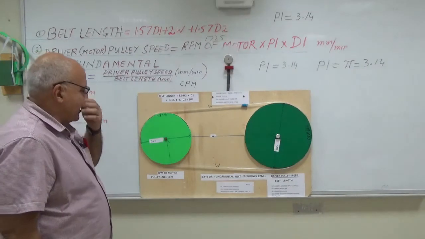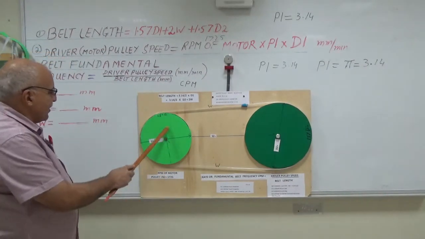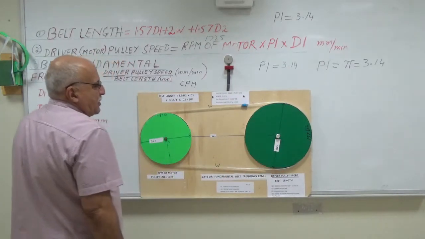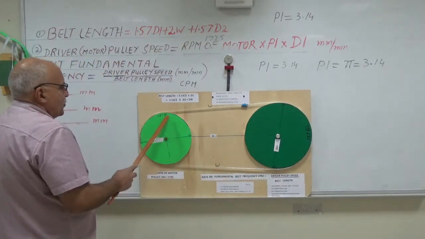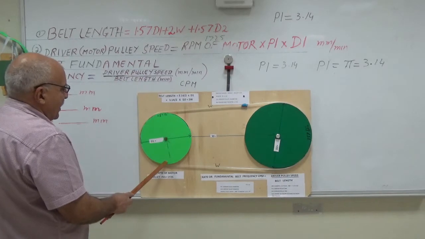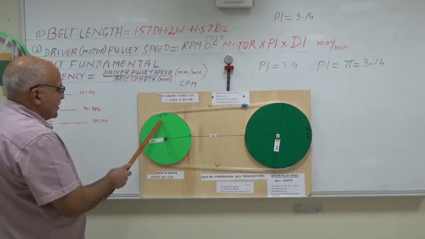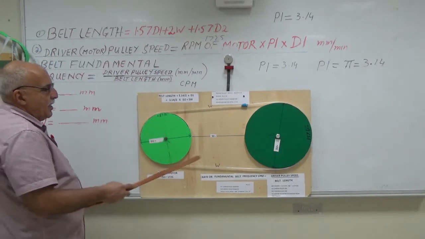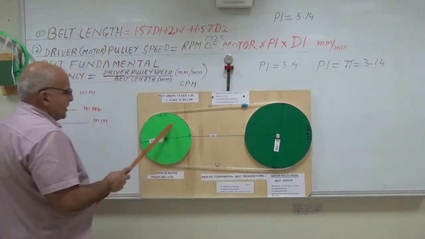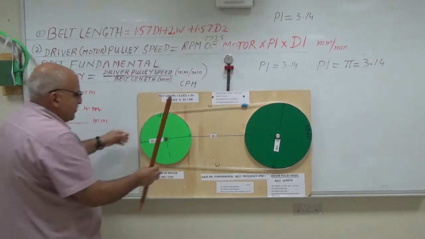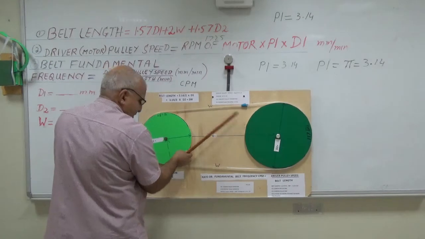Now this is a driver and this is a driven machine, or you can say this is a pulley for the driver and it is connected with the motor. So this is a driver pulley and this is a driven pulley.